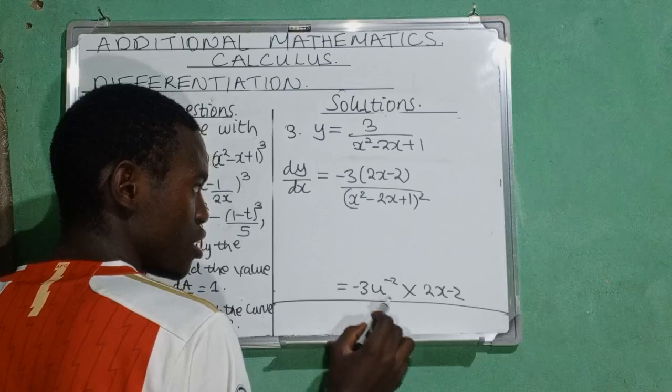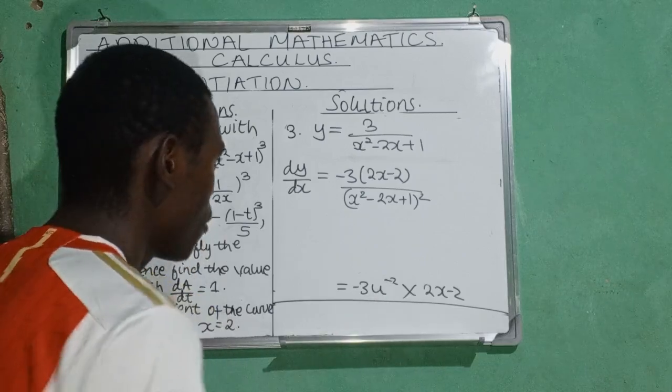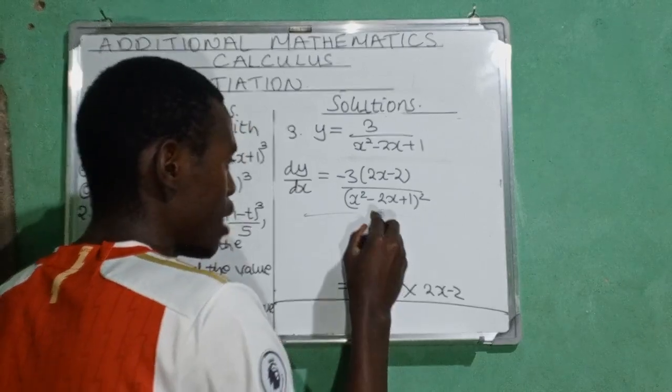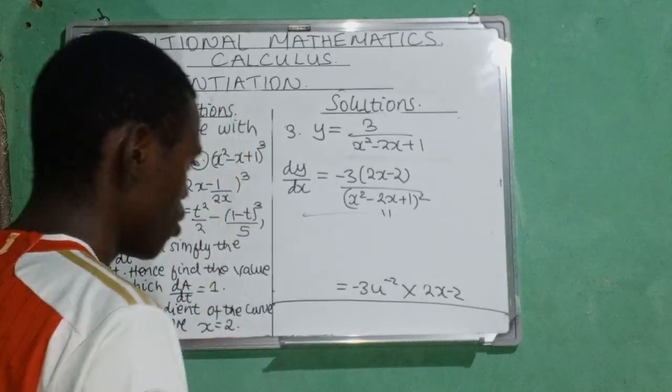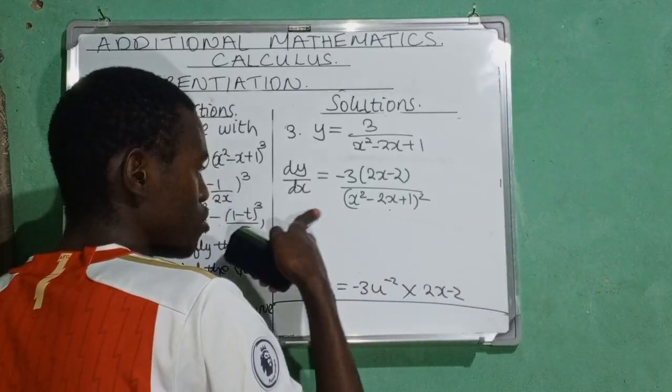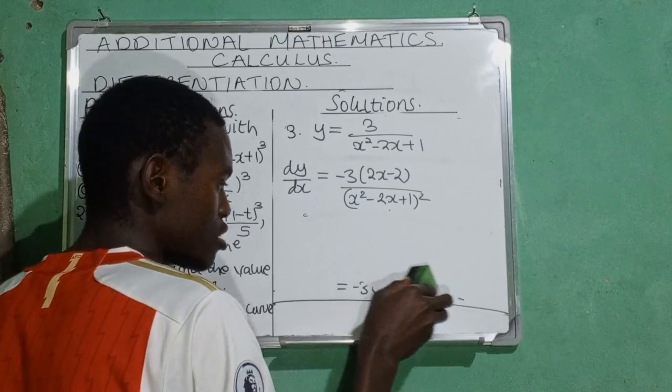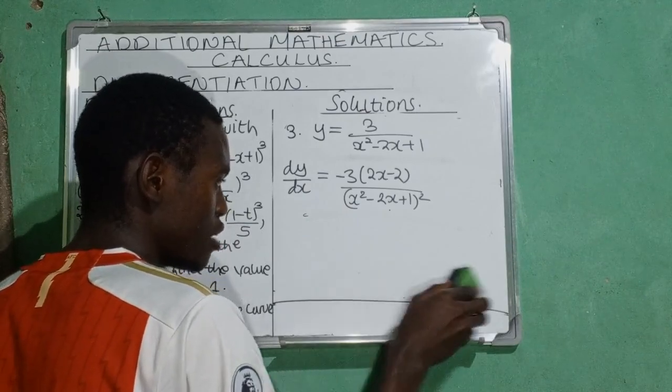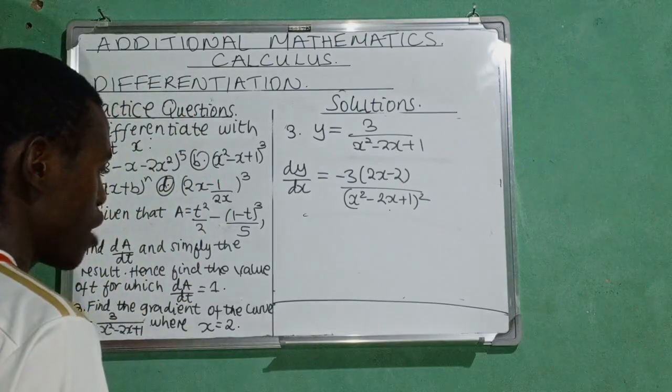Since now it has gone down, it becomes power positive 2. And that's your final answer.